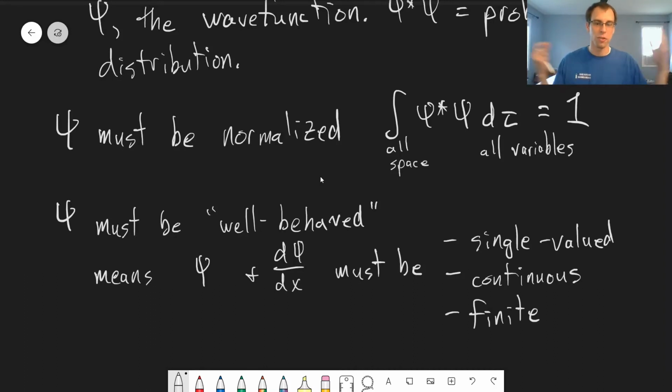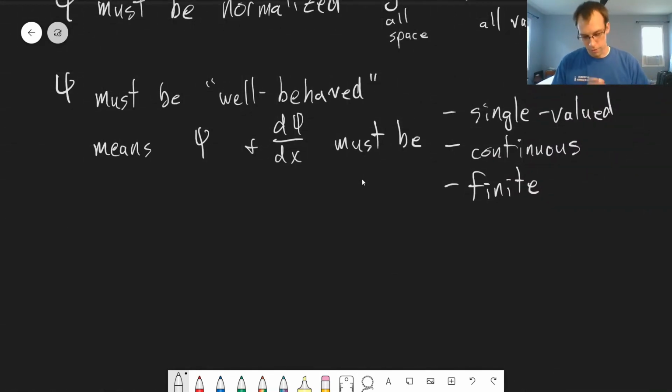It can't just increase forever to infinity. This finite part of it goes with psi being able to be normalized. If the wave function is not finite, if it blows up and it's infinite, it's impossible to normalize the wave function. So it must be, we'll say, normalizable. It's quite a fun word to say.